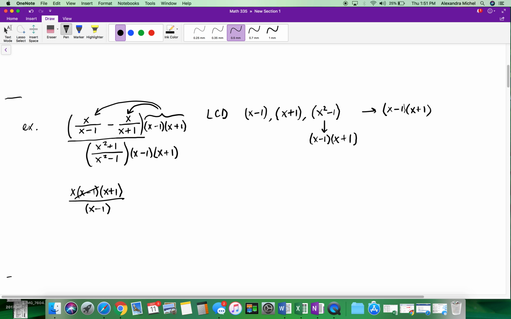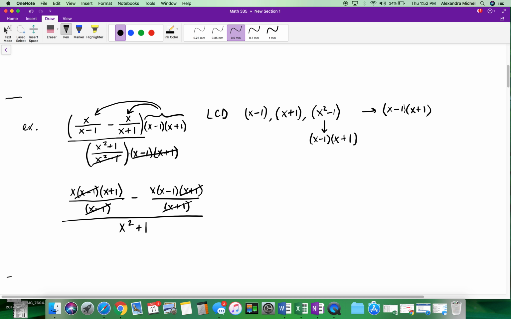So these will cancel, minus x times x minus 1 times x plus 1 over x plus 1. So these will cancel. And when I multiply the denominator, x squared minus 1 is actually x minus 1, x plus 1. So when I multiply these, I'm actually just going to cancel both of these, and I'll be left with just x squared plus 1.